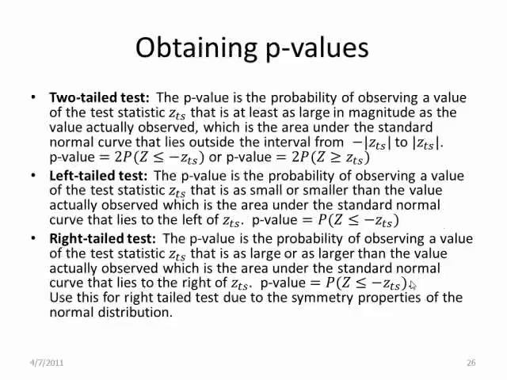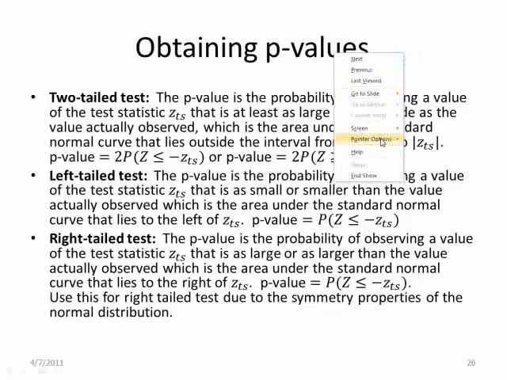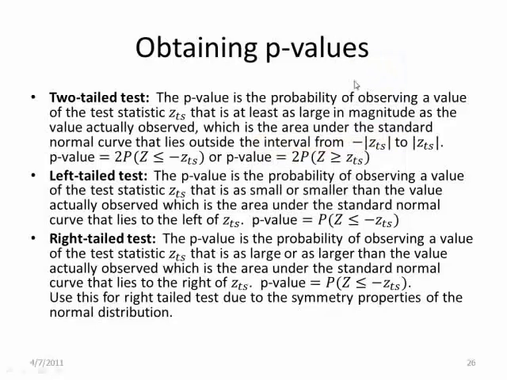When we have a two-tailed test, depending on whether the test statistic falls to the left or to the right, the idea is to compute your p-value here. Notice that if this is 0 and my test statistic falls over here, then I'm just going to compute this area over here.